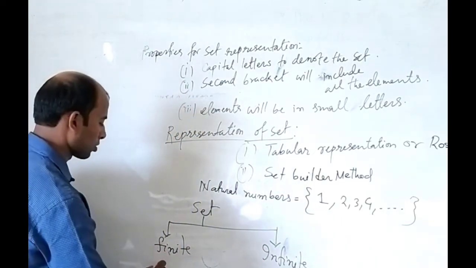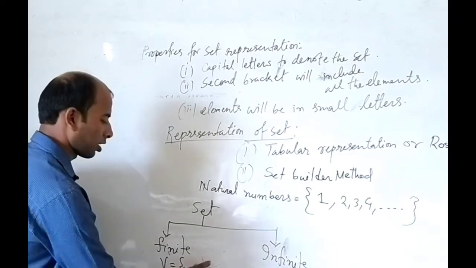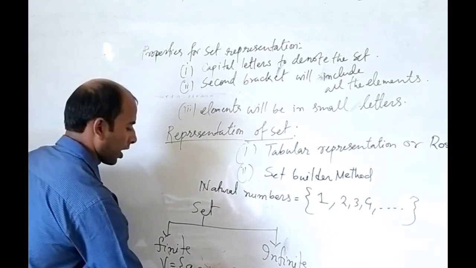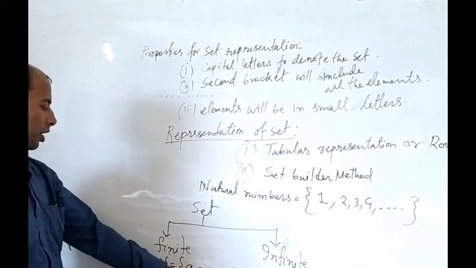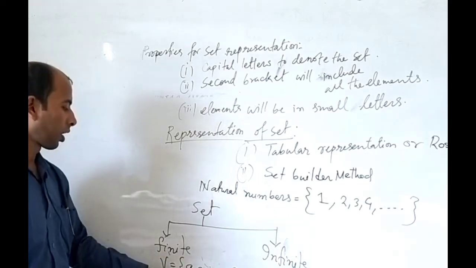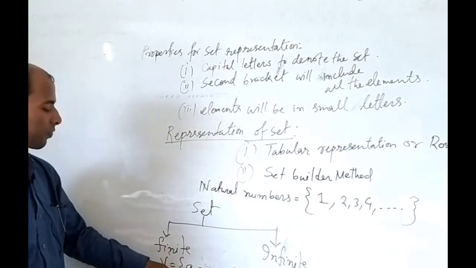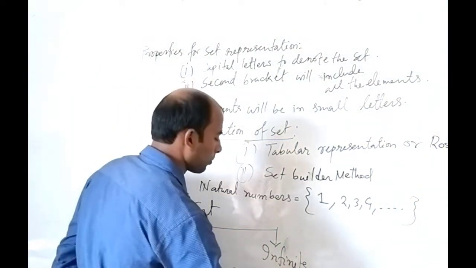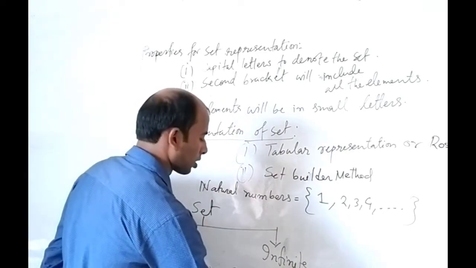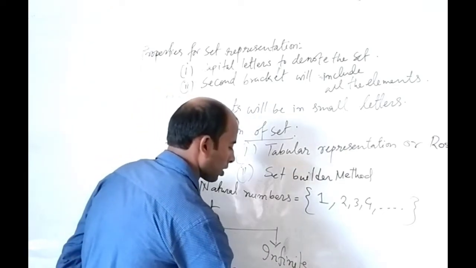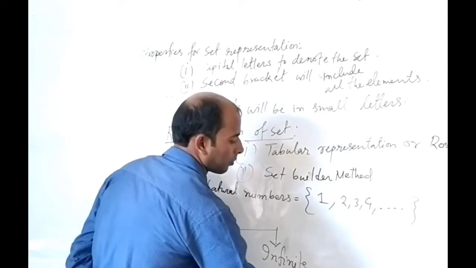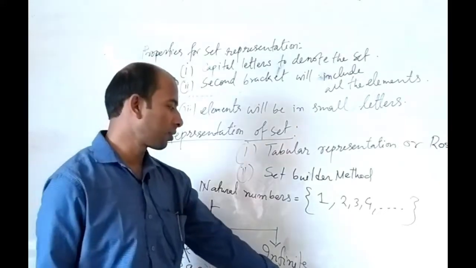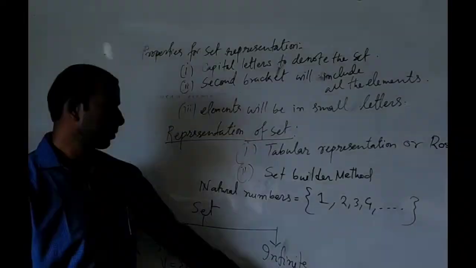Just as in the set of vowels B, where we have 5 elements, it is a finite set. And if unlimited elements are in a set, such as the whole number set, then it is an infinite set.